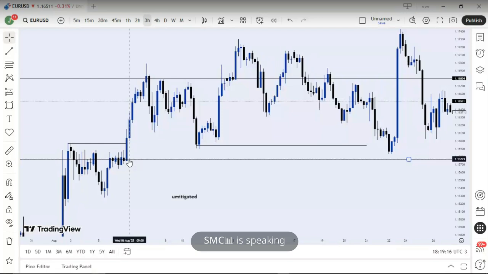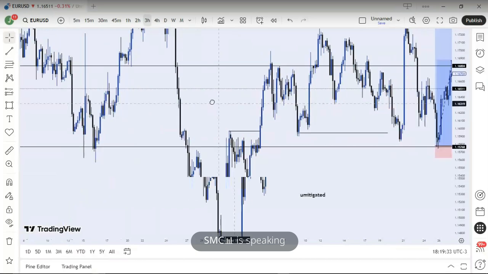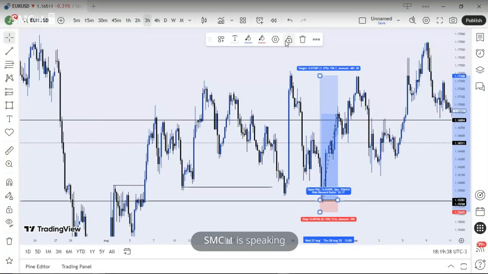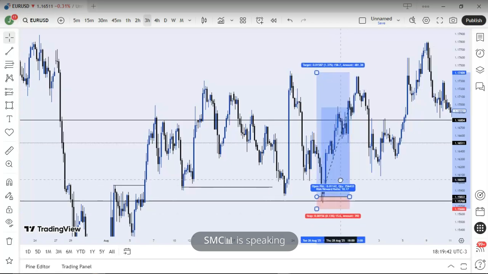In most occasions you can see a fair value gap would appear and an inducement liquidity will appear. That one also tells you that okay, this order block is very bad. So when you put all these factors together, it helps you to know whether the order block you're picking is a valid one or it's not a valid one.